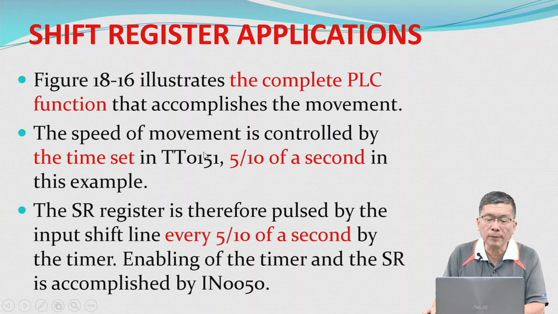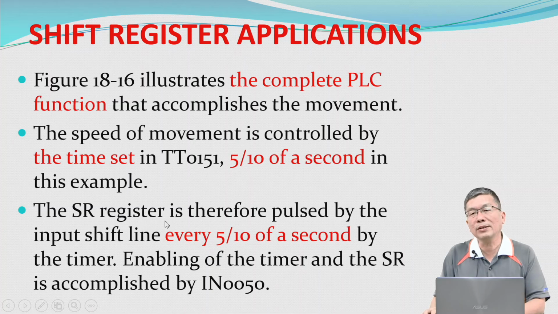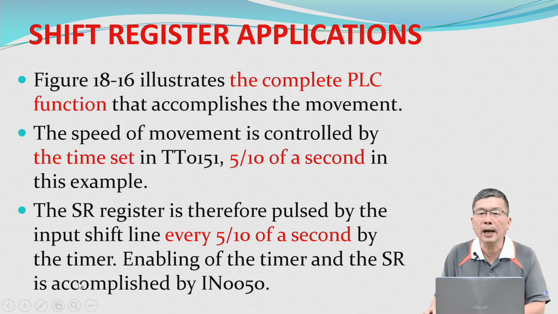The speed of the movement is controlled by the time set in TT 0151, 5/10 of a second in this example. The SR register is therefore pulsed by the input shift line every 5/10 of a second by the timer.